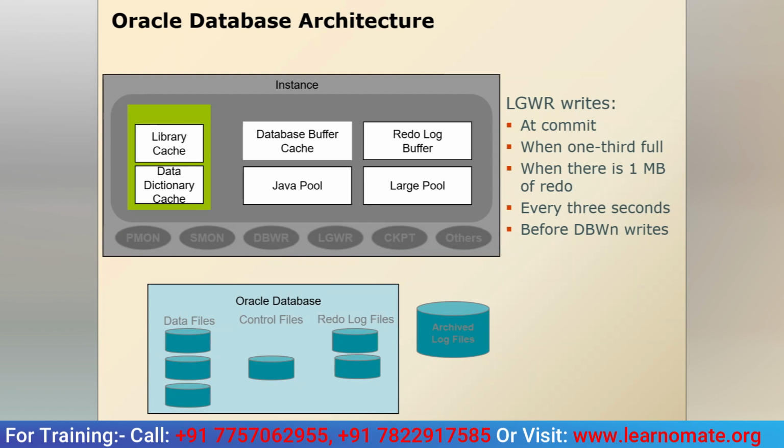But at the database level, before it could be written into the data file, whatever is shown to you on screen comes from the data file. Remember, when the changes were made, they were initially present only in the database buffer cache.